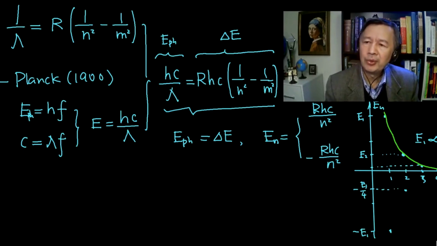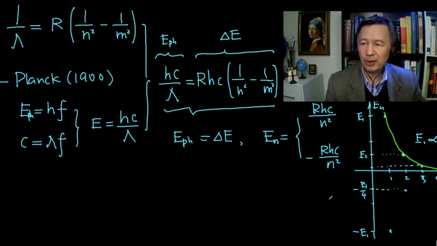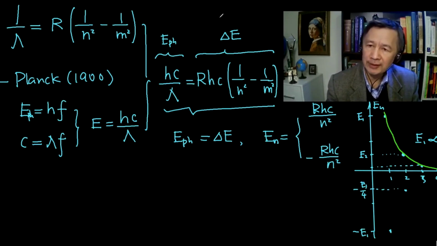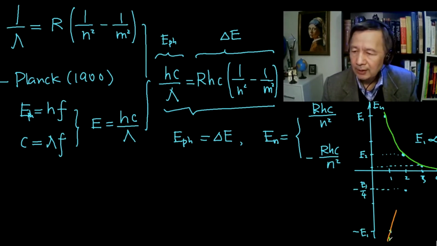So we have two alternative energy graphs, simply based on combining the Rydberg equation with Max Planck's quantum theory, namely the formula for the photon energy. You can use this trend line if the energy is negative.